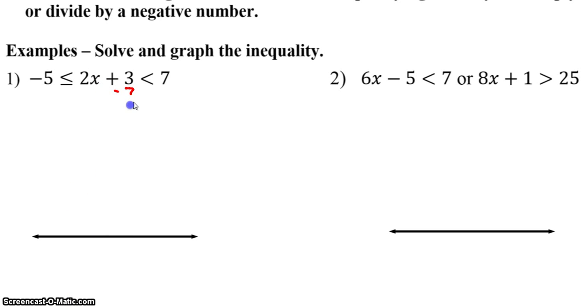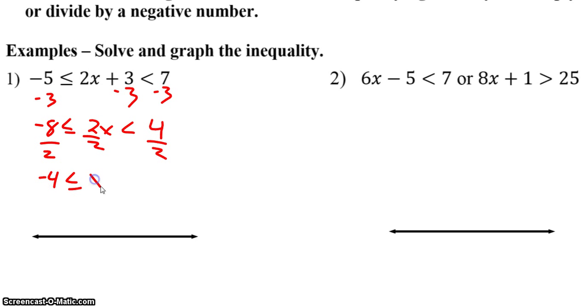So I'm going to subtract 3 from both sides. That's going to leave me negative 8 is less than or equal to 2x, which is less than 4. Then I'm going to divide all three sides by 2. So negative 4 is less than or equal to x, which is less than 2. So what that's telling me is that x is between 2 and negative 4.